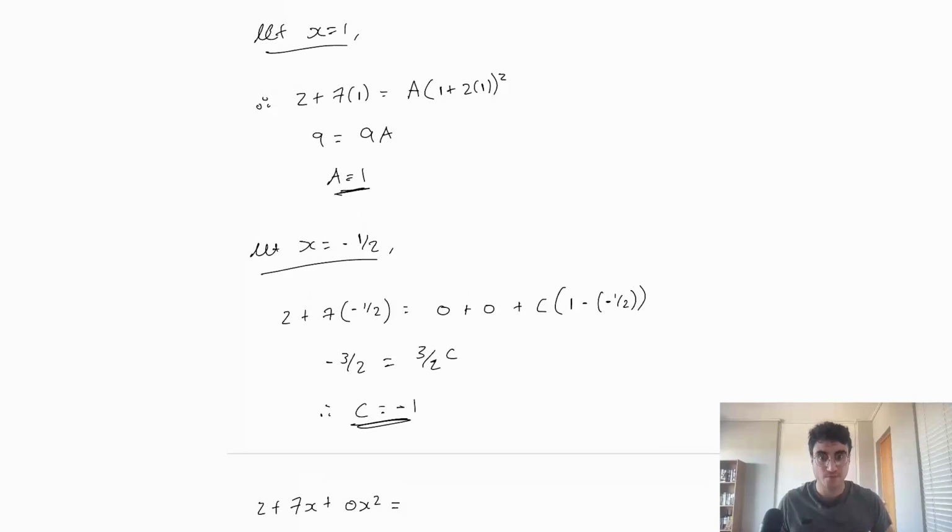What does that equal? That equals A(1 plus 2x) squared plus B(1 minus x)(1 plus 2x) plus C(1 minus x).